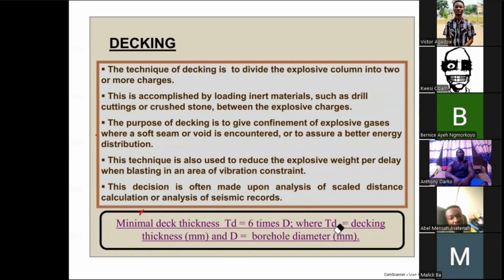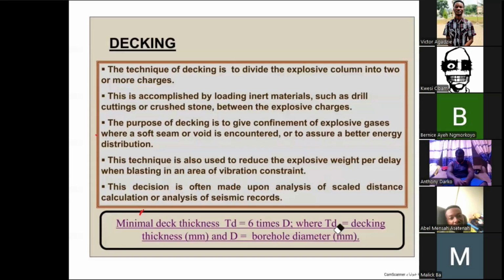And after that, you know that when an explosive detonates, it produces heat and gases. From the definition of an explosive, it is any substance that can undergo rapid decomposition and release a tremendous amount of heat and gases, right?